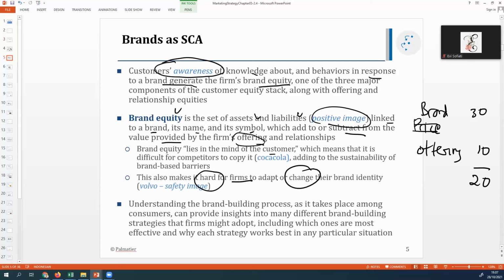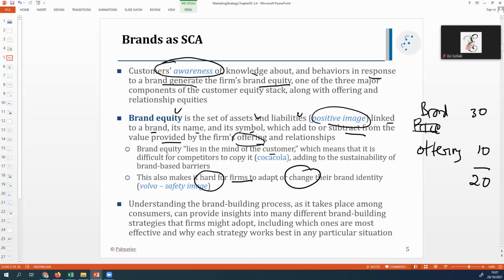It also happens with Bakri. University of Bakri is famous for scholarships. So when people talk about Bakri, they think about scholarships. So when Bakri moves its strategy into another brand, it is kind of difficult to revise the current brand identity that is held in the mind of potential customers.